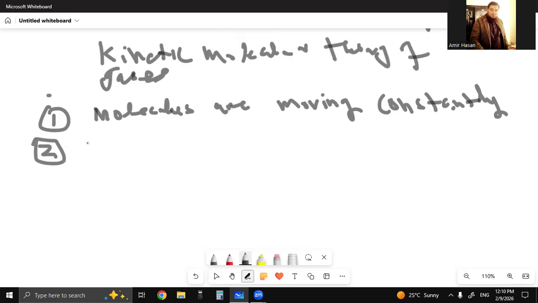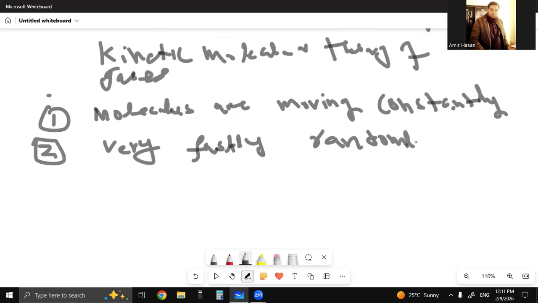And the gaseous molecules are moving very fast. The movement of the molecules in gases is very fast, and random, meaning in all directions. There is no particular direction.